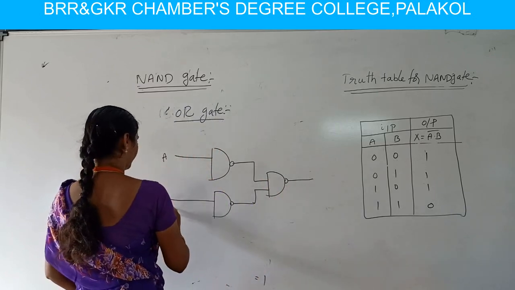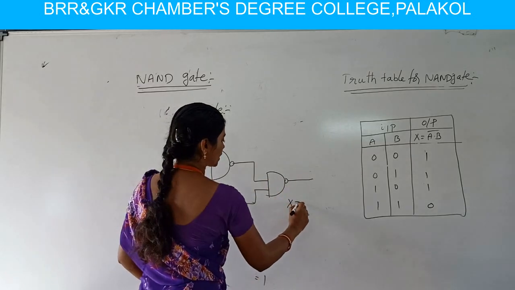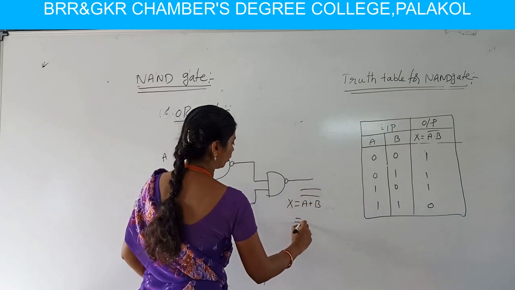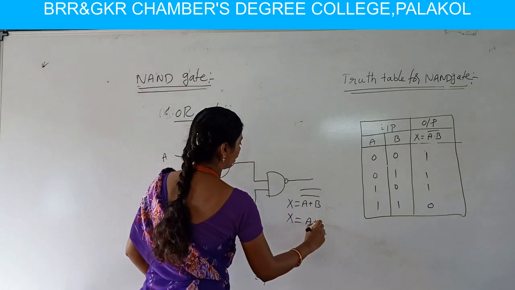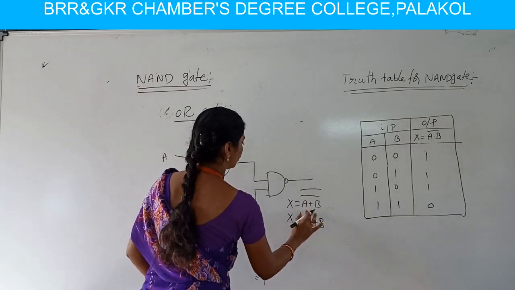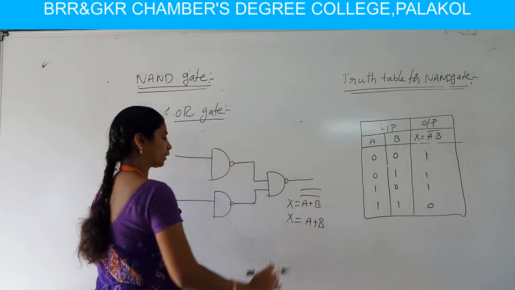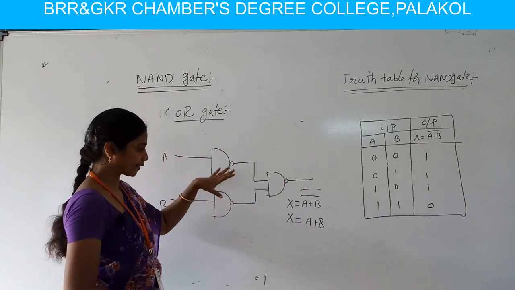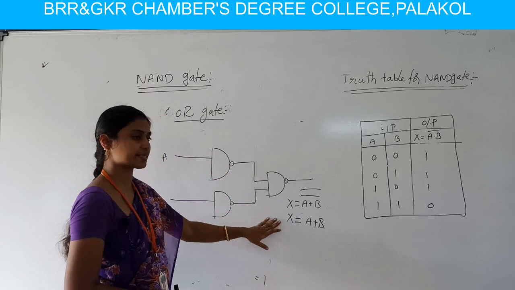Here with inputs A, B, the output then becomes A plus B bar whole bar. Then we have the output which is nothing but OR, binary addition. So we can conclude that from these NAND gates constructed in this manner, we can explain x is equal to A plus B.